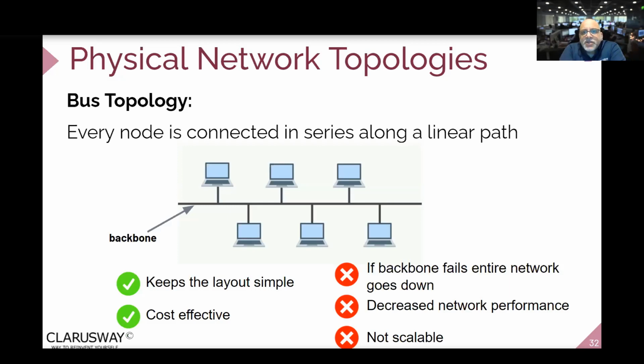So in a bus topology network, every node is going to be connected to a central backbone or a central bus, in some sort of linear path. That's where the word bus comes from. Okay, and you're going to find this primarily in cable broadband distribution.